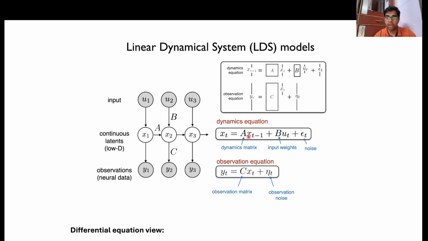The inherent dynamics is related by the matrix A. So some previous time point is transformed and is informative of the current time point of the same latent variable, and there are also inputs that you're giving, the stimuli that you're presenting to the participant, and there is a noise term. Noise is always there in the latent dynamics or internal dynamics as well as the observations. So therefore you add this noise.